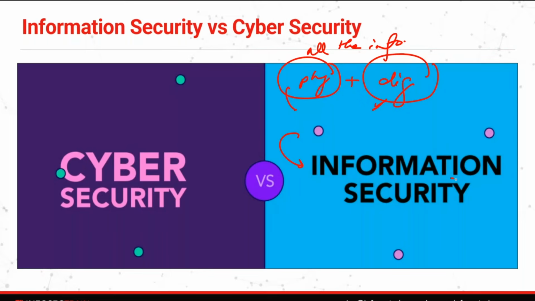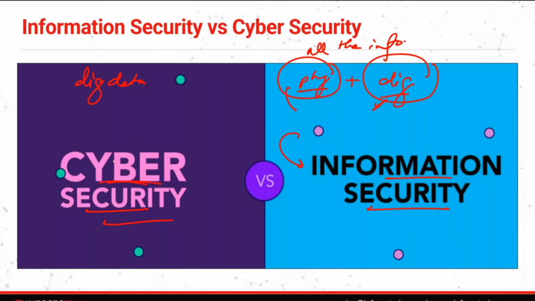So information security is protecting both physical data and digital data. On the other hand, cyber security is securing only your digital data from the internet. That is cyber security.